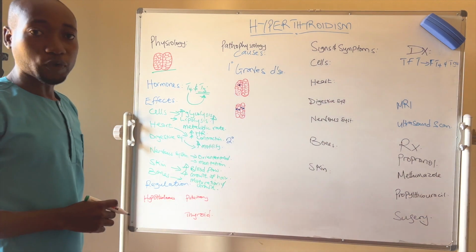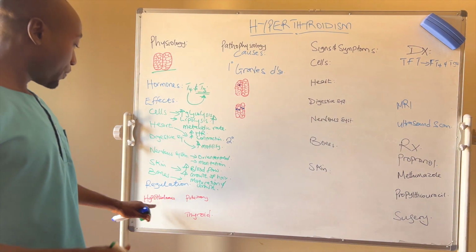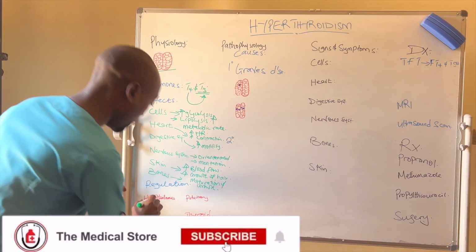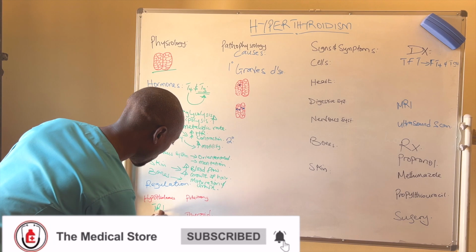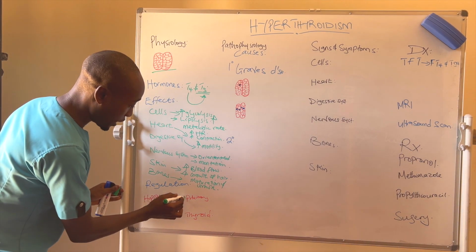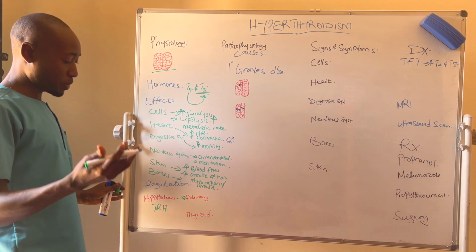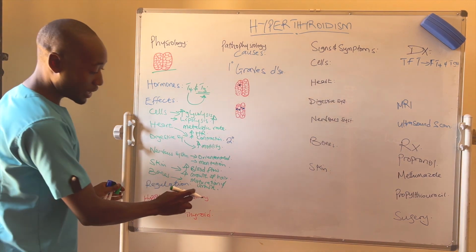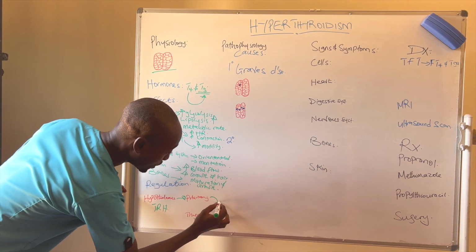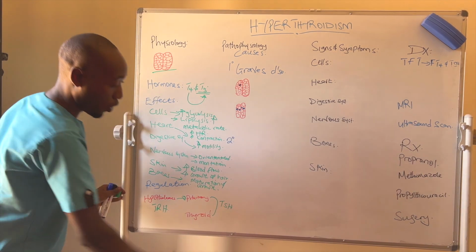Now, about regulation, the hypothalamus produces what we call the thyroid releasing hormone, or TRH. This TRH goes to the pituitary gland and instructs what we call the thyrotropes. The thyrotropes are cells located in the anterior pituitary gland that produce TSH, thyroid stimulating hormone.